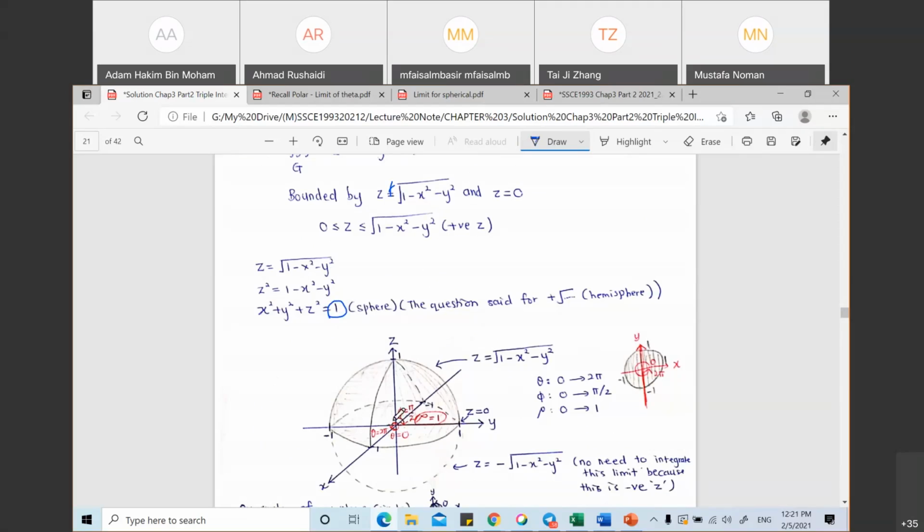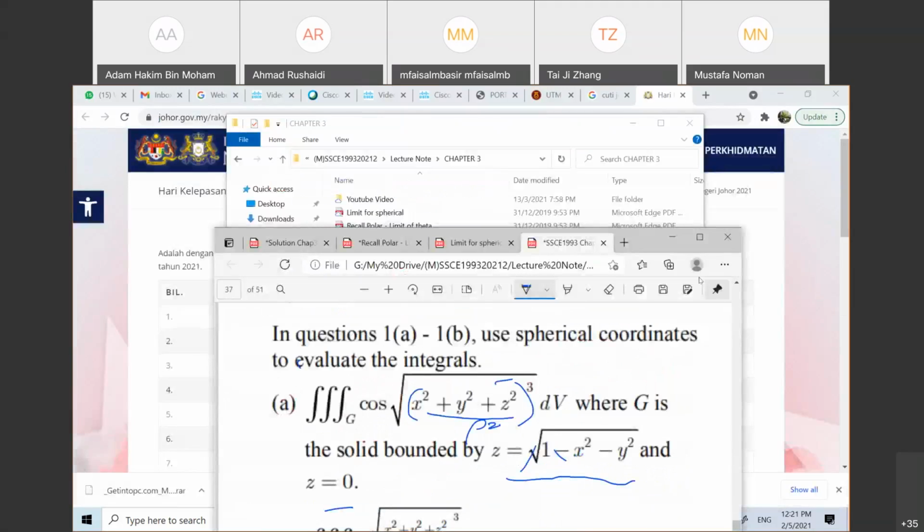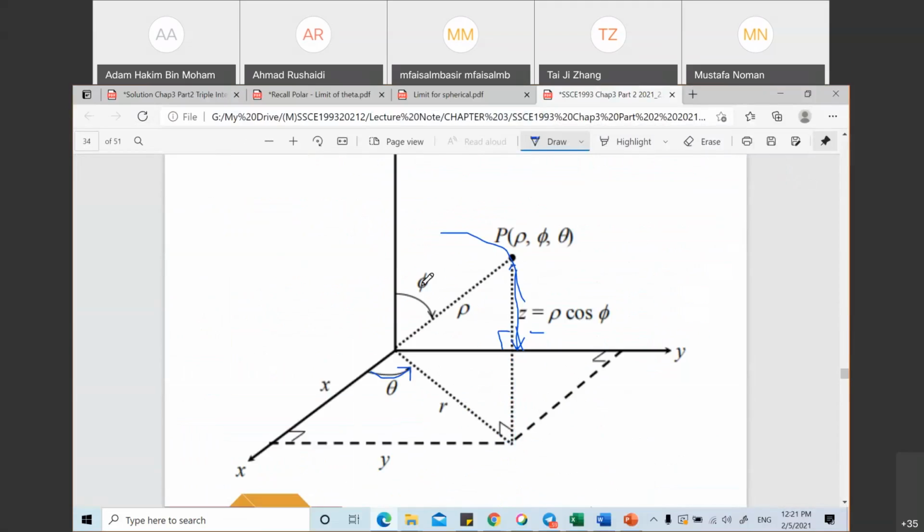So your theta is 0 to 2 pi. Your phi, remember, starts from the positive Z axis and moves clockwise.